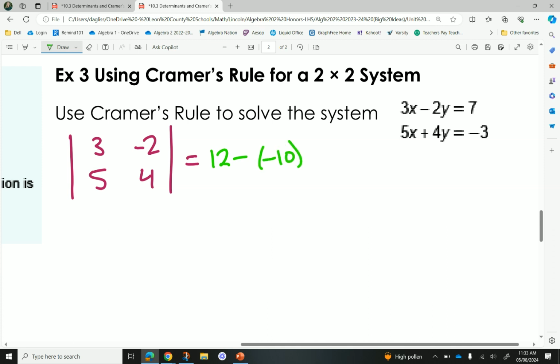Does that make sense where that just came from? That's 3 times 4. This was 5 times -2. And what is 12 minus -10? Positive 22. All right, so does this have a solution? Yes, it does.